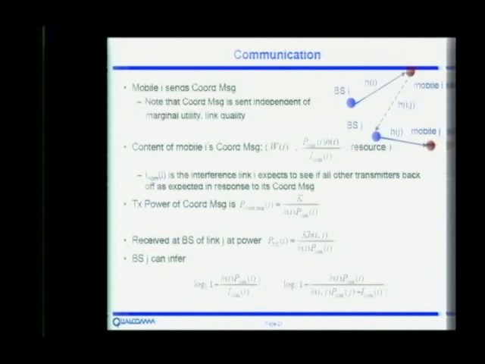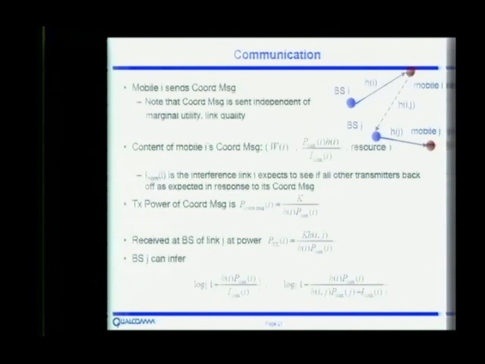So we have one base station I, mobile I, another femto base station J, mobile J, and we're looking at the downlink. Essentially, if base station I wants to transmit to its mobile, it will send its priority, broadcasting the message, received by the interferer. The interferer will look at its own mobile state, whether it wants to send information or not, and then compare it with the priority of the other transmitter and how much interference it causes to that mobile, and then decide whether its transmit signal is down.